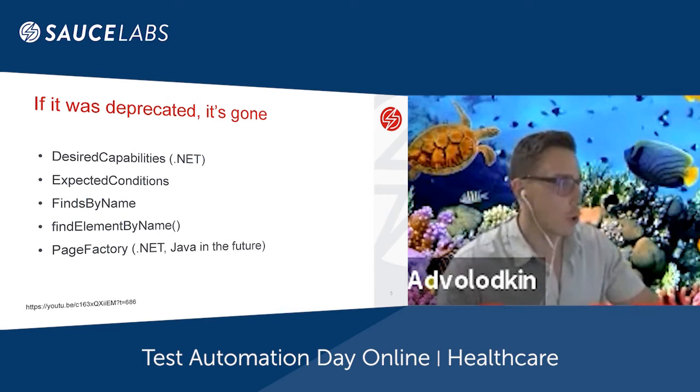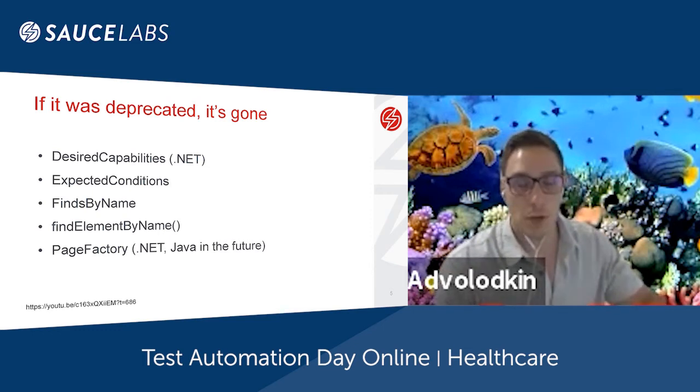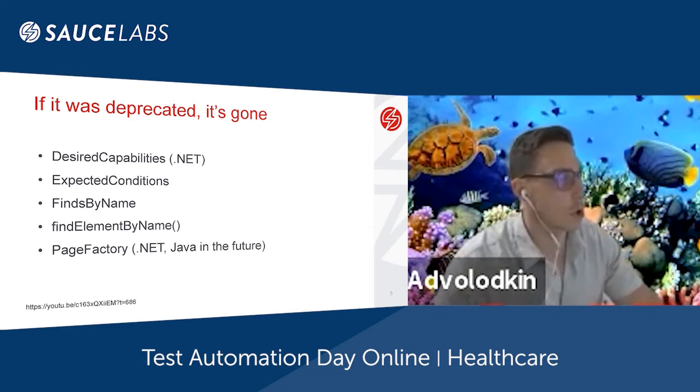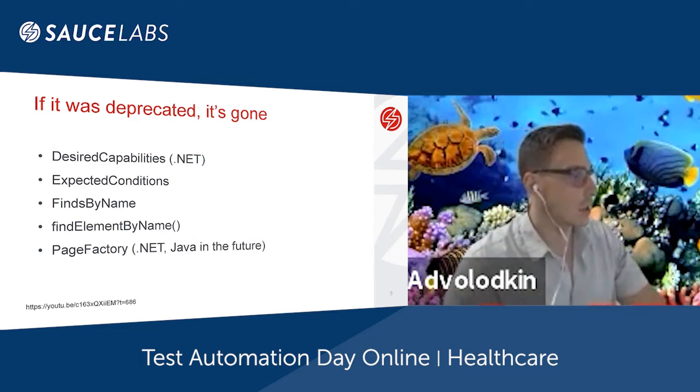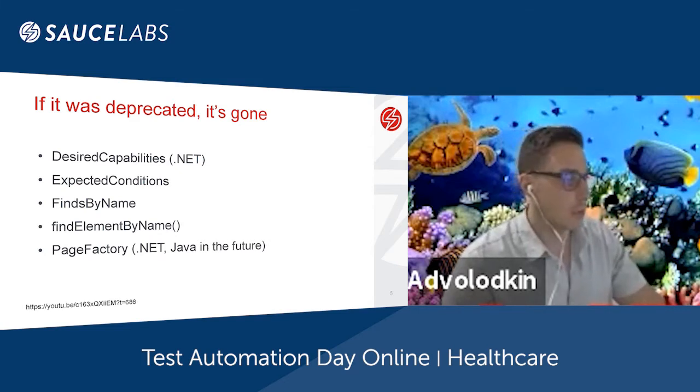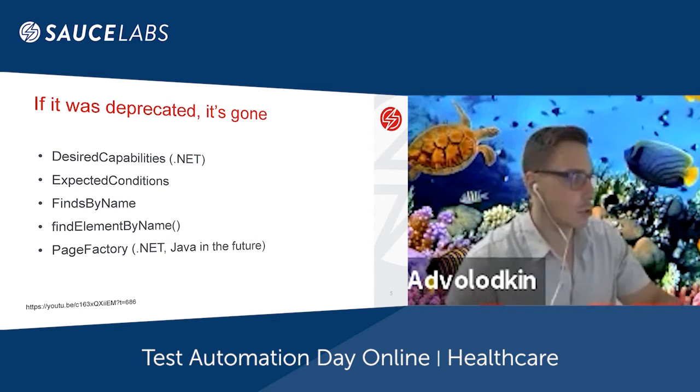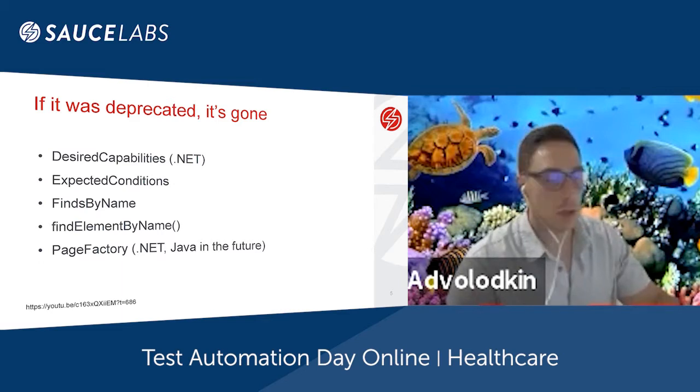I get a lot of questions about this one specifically because when we run our test, we get this deprecation warning. Finds by name is gone from the Java bindings. Find element by name is gone. Page factory is also deprecated. In .NET, it's moved to a different library, but to be honest, even the Selenium contributors aren't very happy about the implementation of Page Factory.